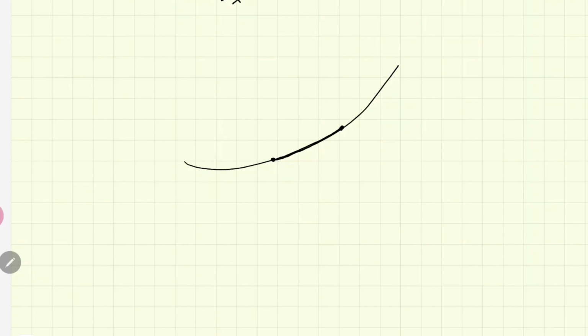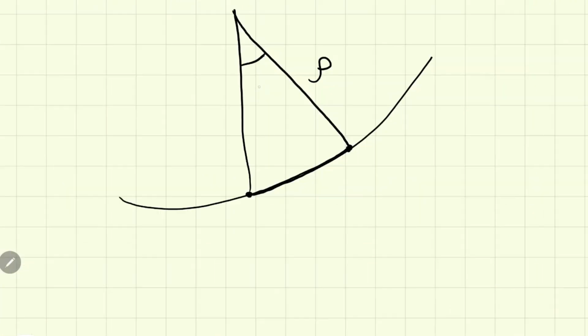Since we are just looking at a small piece of the curve, we can think that we have a circle attached to this piece of curve. So we can generate this piece of circle given by a specific angle and a specific radius. Let's say it is rho, and let's call this angle delta theta, right?